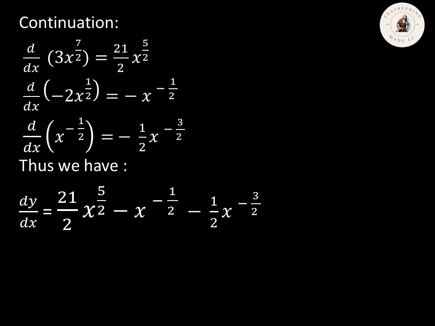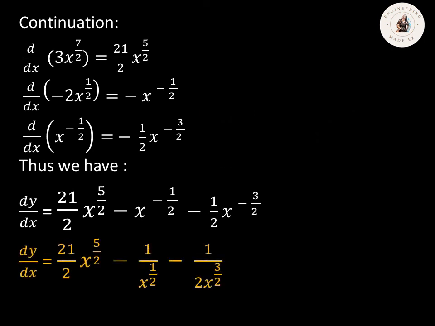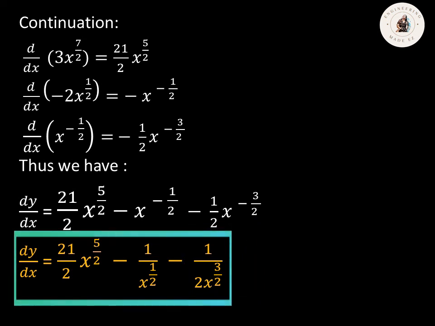Applying this to our equation, the derivative of y with respect to x is equal to 21/2 x raised to the power of 5/2 minus, converting x raised to the power of negative 1/2 into a fractional form, we have 1 over x raised to the power of 1/2. Then minus, converting 1/2 x raised to the power of negative 3/2, we have 1 over 2x raised to the power of 3/2. So this is now our final answer.